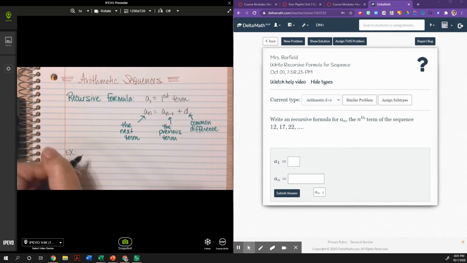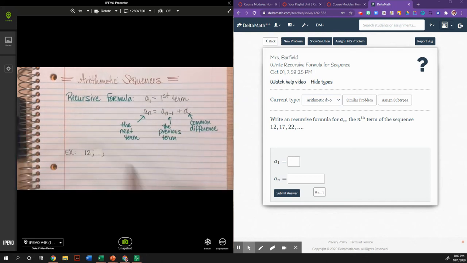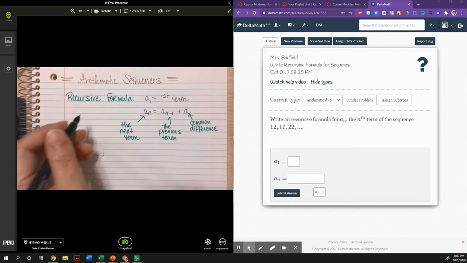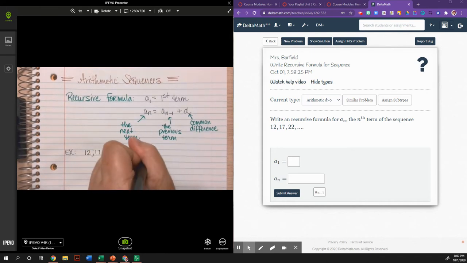So if I have the sequence 12, 17, 22. So you should know how to find d. d is your common difference.